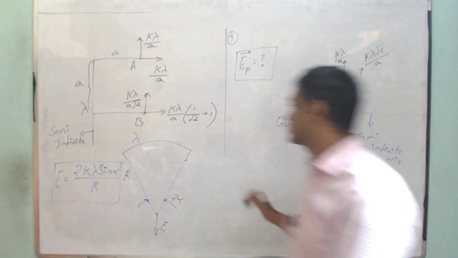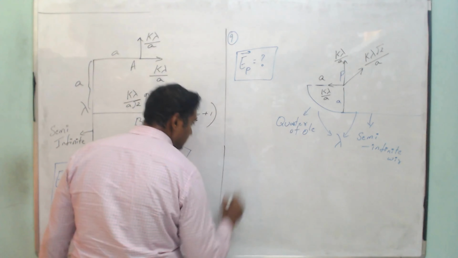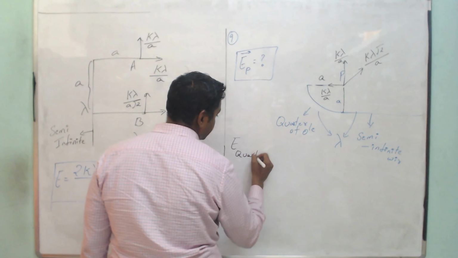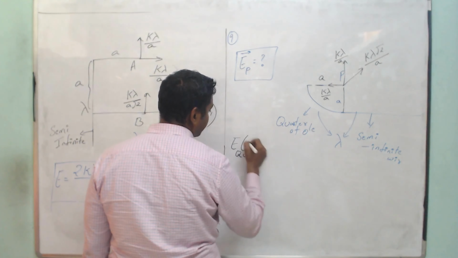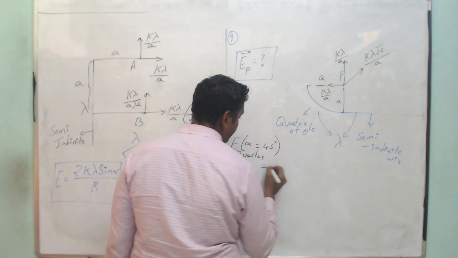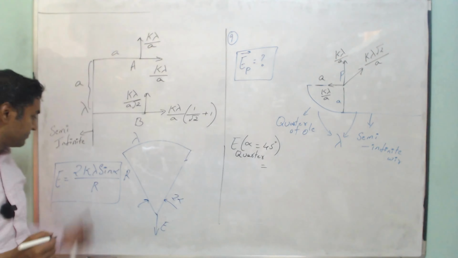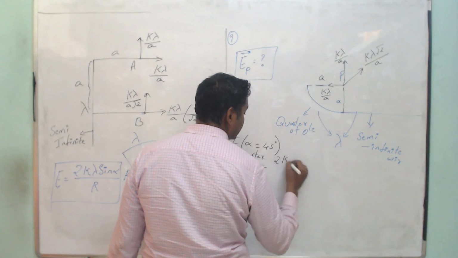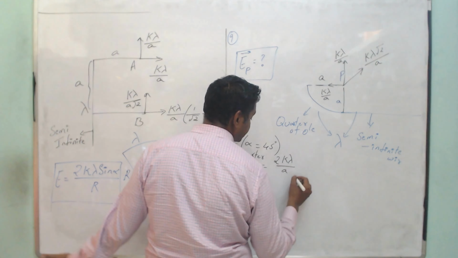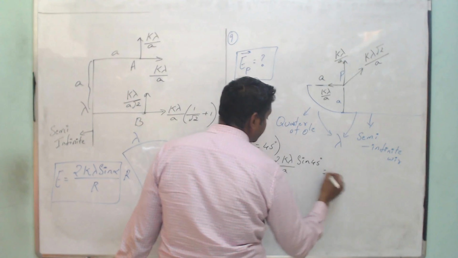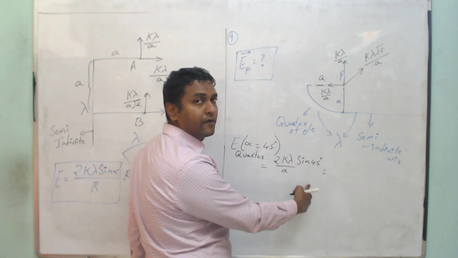So let me write it over here. The electric field due to the quarter of the circle. My alpha over here automatically becomes 45 degrees. I'll substitute this: 2k lambda upon radius a into sine 45 degrees, and sine 45 is 1 by root 2.